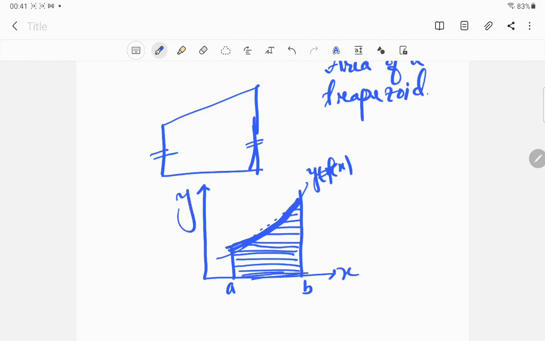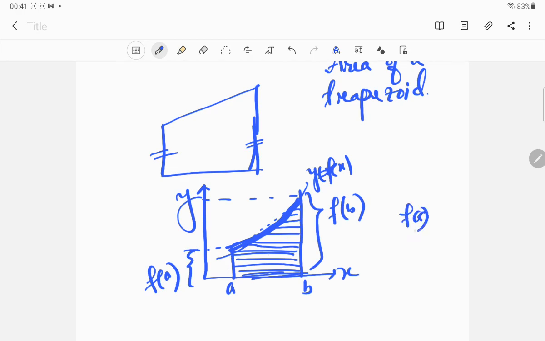So fine, because what are the parallel sides? This is f(b) and this is f(a). So these parallel sides are added, means f(a) plus f(b).